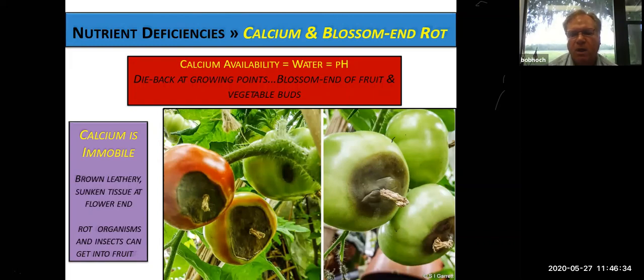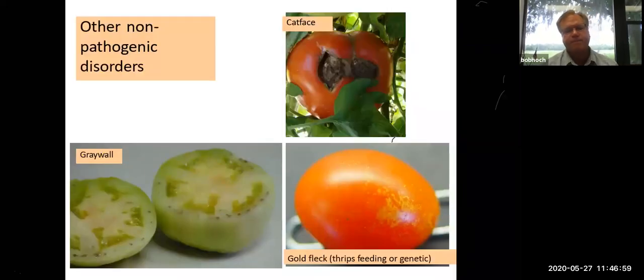If you have a real lush plant, you're setting it up for blossom end rot because nitrogen basically outcompetes the calcium, and the calcium has to be taken up in the water stream. So those are the kind of conditions that would be present, and there's nothing you're going to be able to do about this. A lot of times the first set of tomatoes might have it, and then later on the plant settles down, and is less likely to have a problem on future tomato sets.